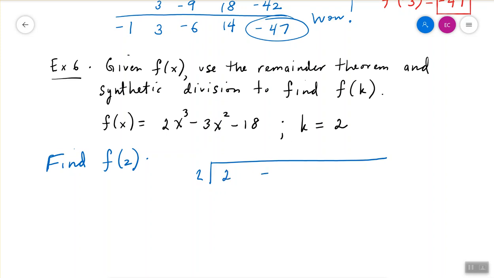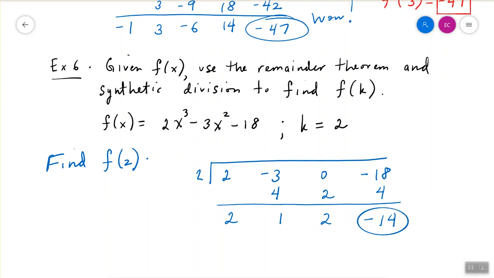Let's put in 2, negative 3, 0, and negative 18. Remember that 0 there is for x to the first. Let's go through the synthetic division. 2, 4, 1, 2, 2, 4, negative 14. And there's the answer. F of 2 is equal to the remainder, negative 14.